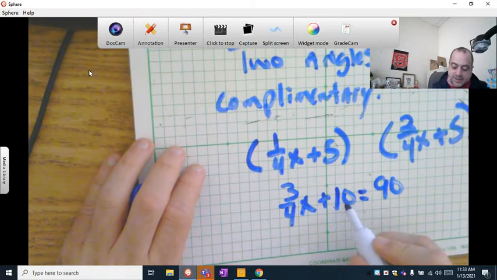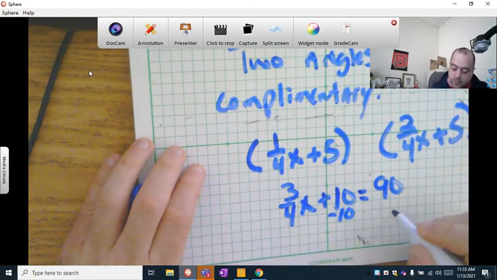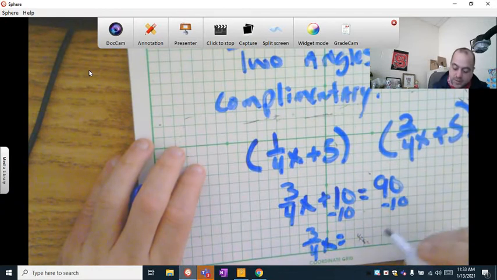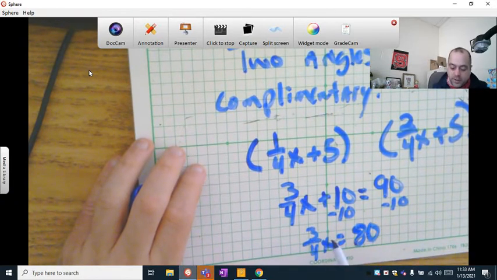All right, so let's solve it. Instead of adding 10, we're going to subtract 10. Remember that from earlier this year? We're left with 3/4 x equals 90 minus 10 is 80. And now don't get confused here. Remember, we always divide by whatever's in front of the variable. The number in front of the variable is 3/4.